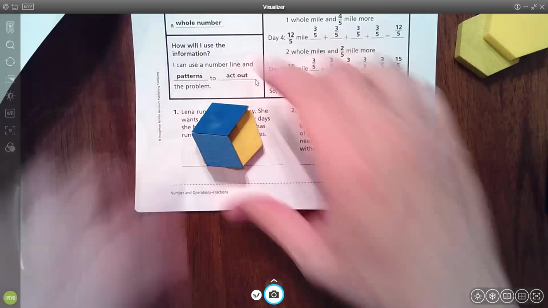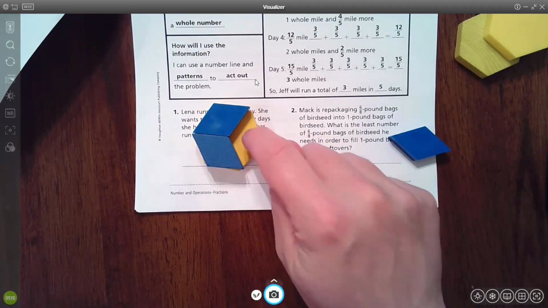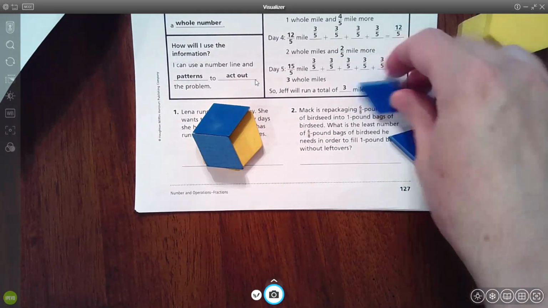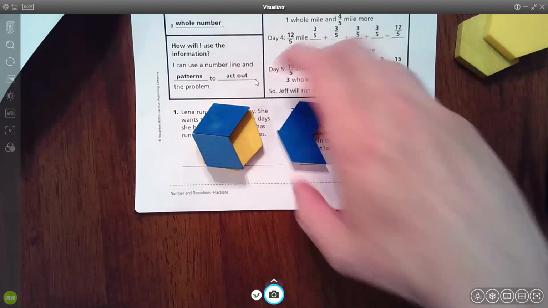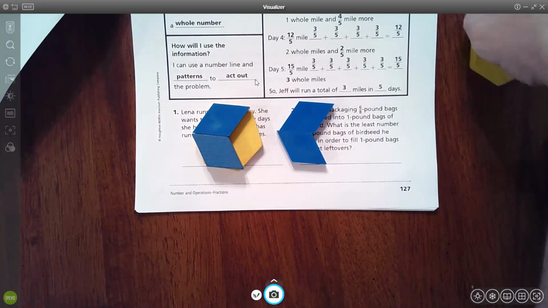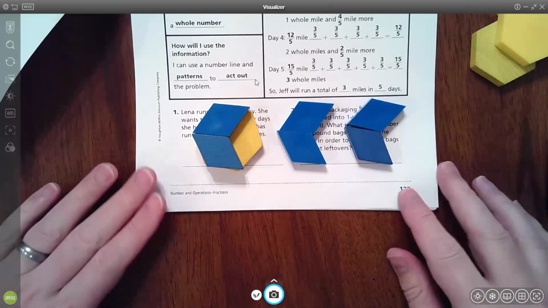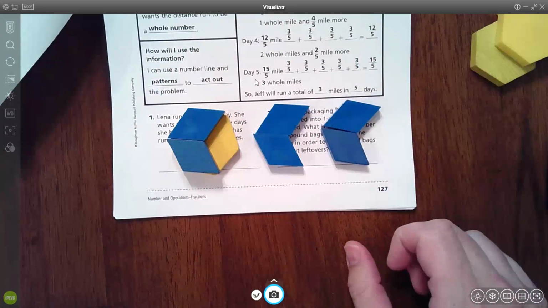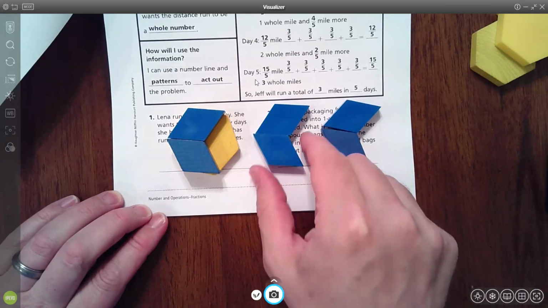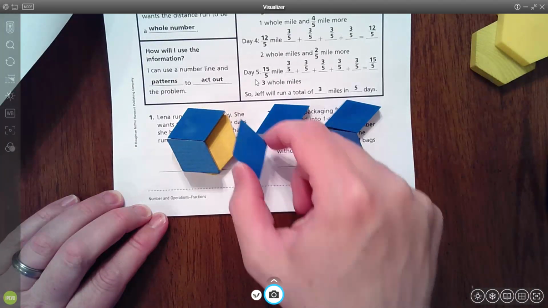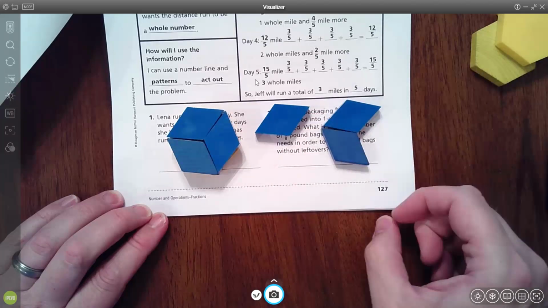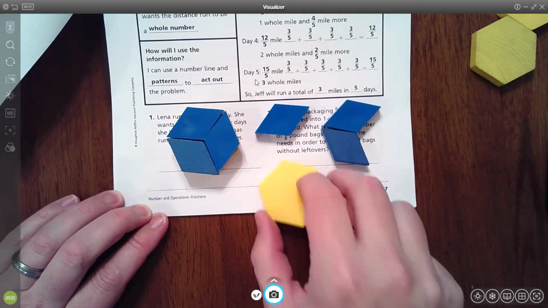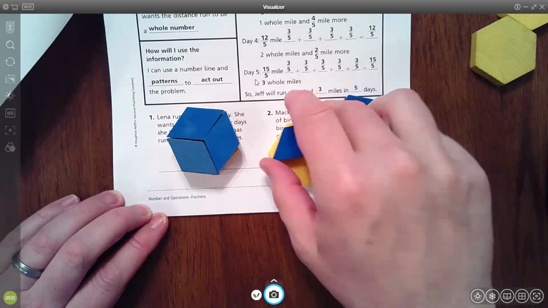Get these all lined up. So she's running 2/3, but there's a third empty. And then the next day, she'll also run 2/3, and the next day, she'll also run 2/3. And she wants to know how long before she's run a total of a whole number. So what I can do is take this piece there, and then let's see if she can fill up another whole mile.